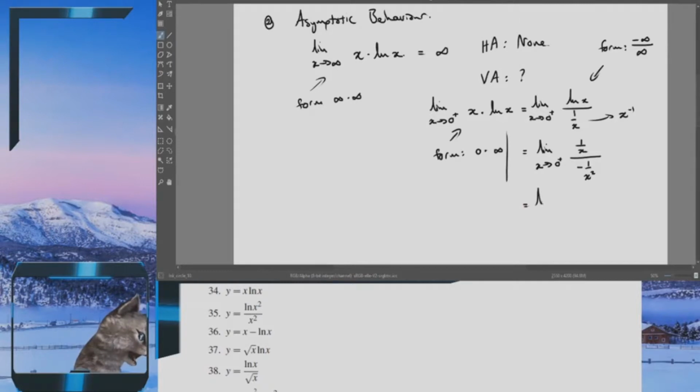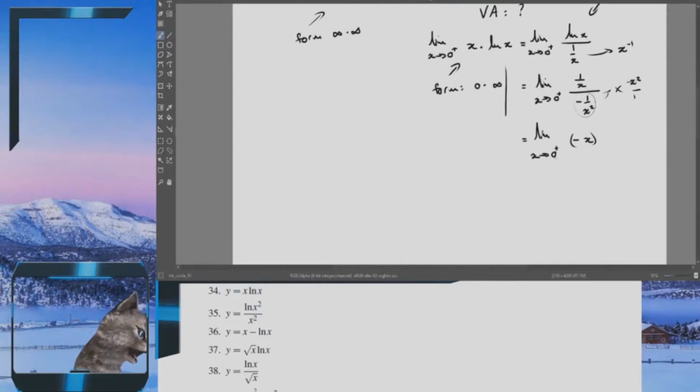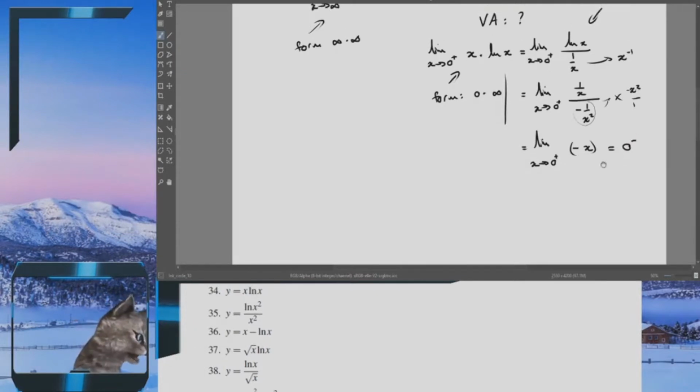If I now simplify this a little bit, and I cancel the x's, or this goes up at the top and gets multiplied by x squared over 1, negative of course, then I see this simplifies to negative x. And as x gets close to 0, this gets close to 0. Yeah, from the left, but I don't really care that much, to be honest. But sure, you can indicate it from the left.